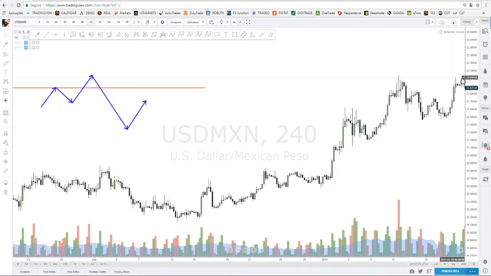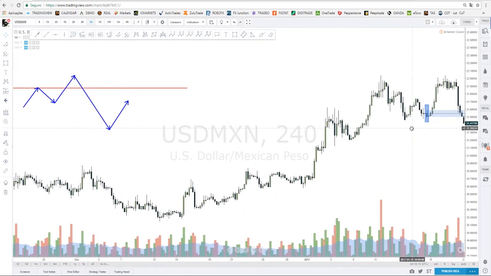So this move up took the stops from the trades that were going short here. When it starts going back down, you look at what started that move to take out the stops. And that was this order block here. Something happened here, in this area, to make a move to take out the stops.